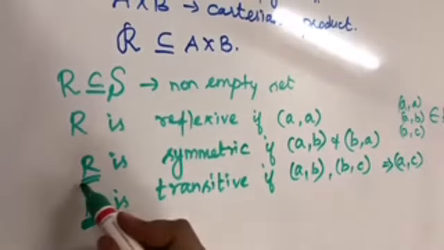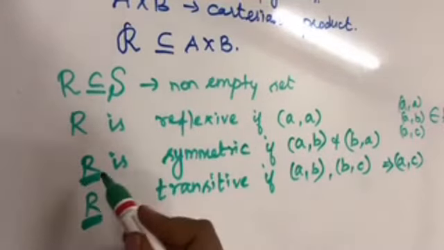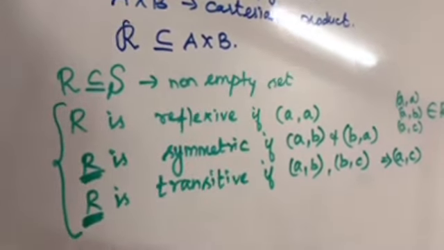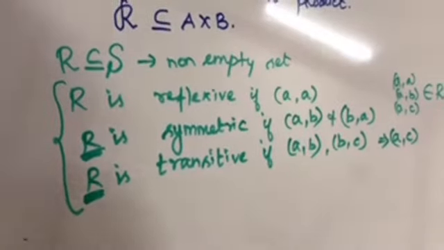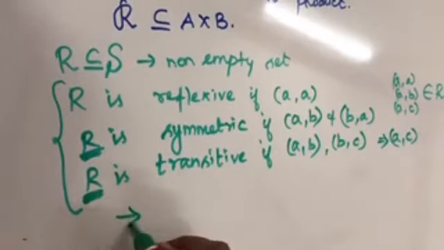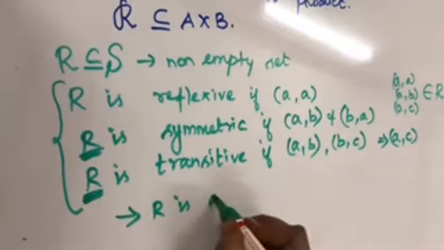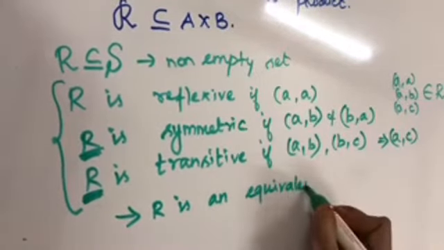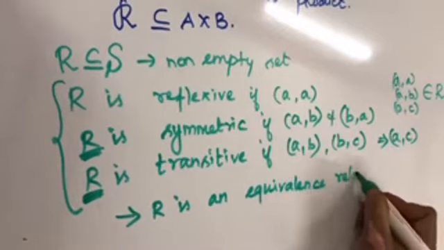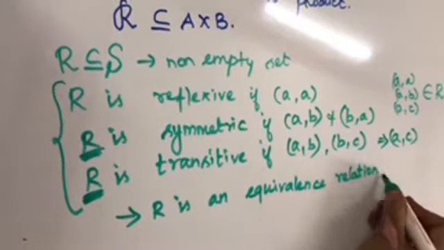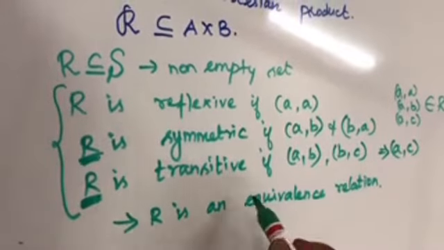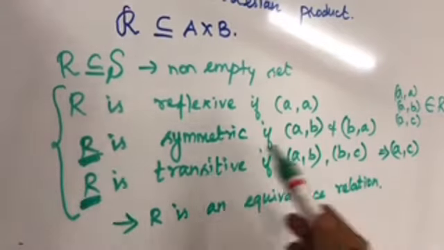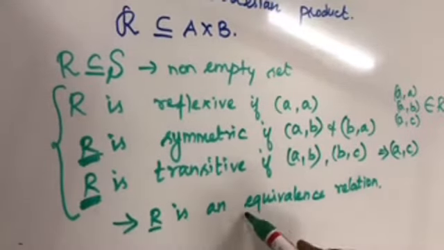It is according to the condition of R. If R satisfies all three conditions, then we call R an equivalence relation. When can we say R is an equivalence relation? If it is reflexive, symmetric, and transitive, then we can tell R is an equivalence relation.